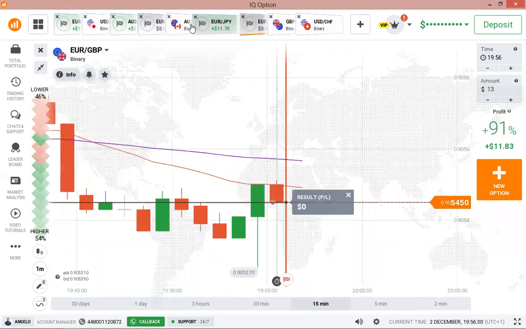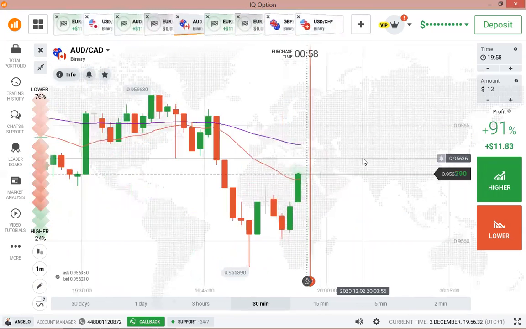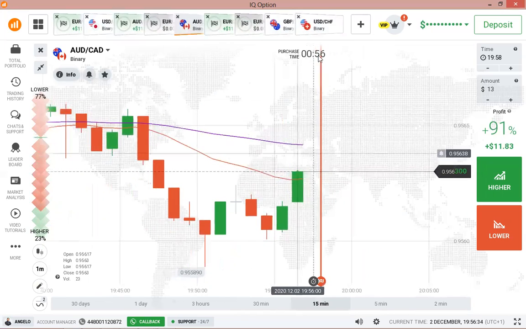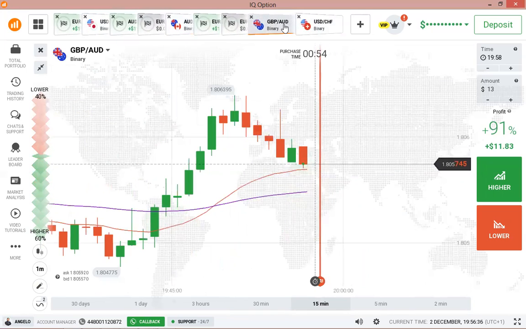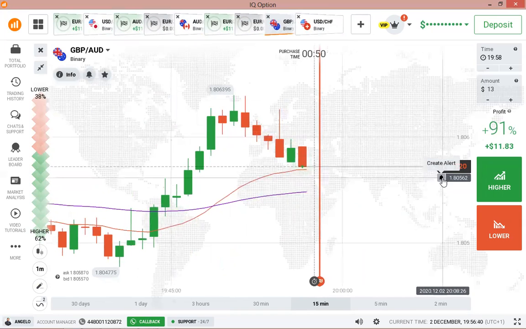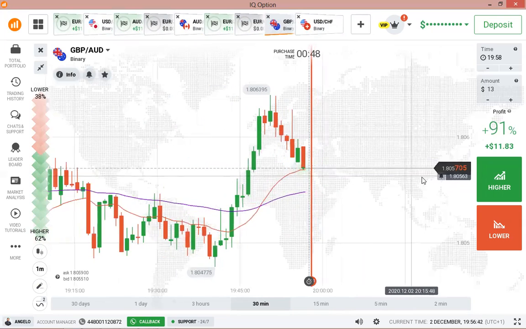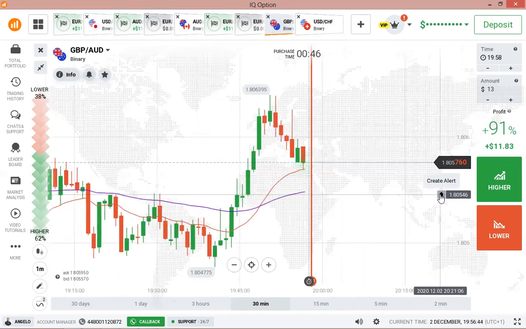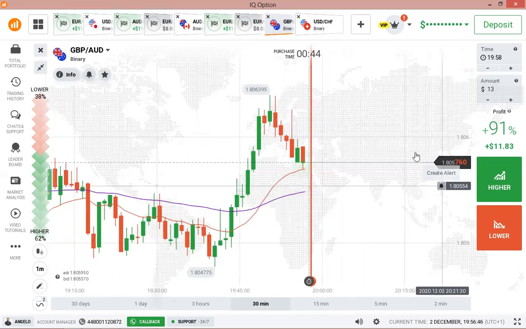So one more trade, then I'll stop trading. Okay, this one now, I think this one also is trying to go up. And this one also, okay, so if it come down a little bit, if it come down to this level a little bit, then I'll enter the trade.